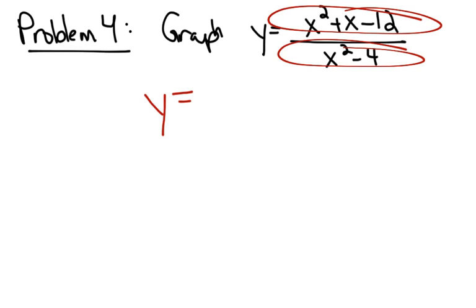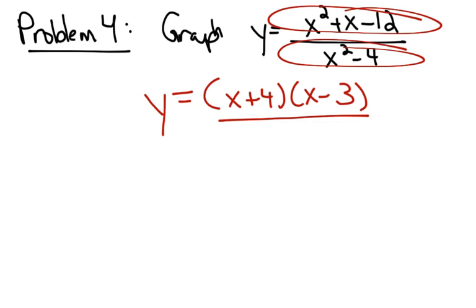The numerator is going to factor into (x plus 4)(x minus 3), because those are the two numbers that multiply to give you negative 12, but when you add them, get you positive 1. And the denominator is a difference of two squares. It factors into (x plus 2)(x minus 2). Notice that nothing is removable, which is good because a removable discontinuity is a special type of discontinuity unto itself. It's called a hole.